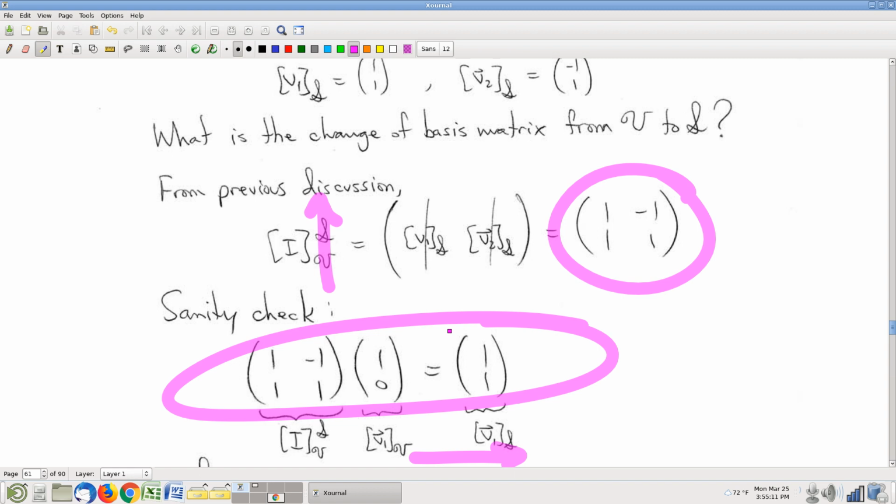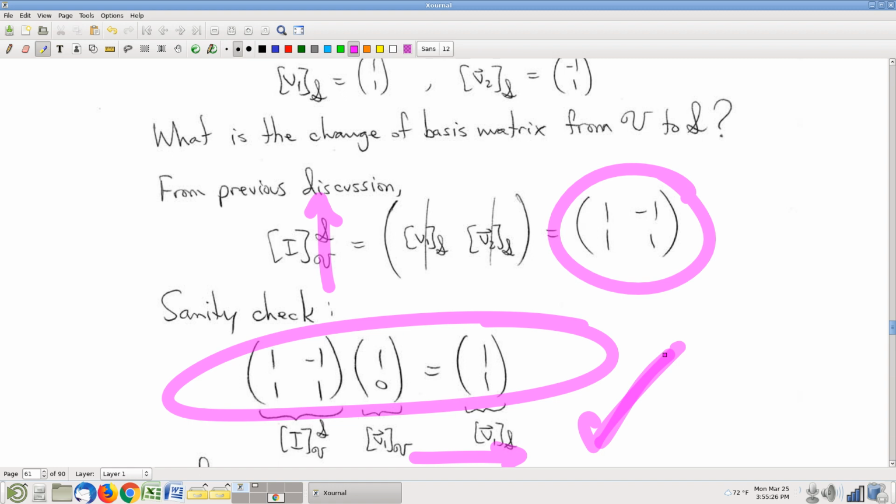This is the arithmetic that we need to check. It's easy to check and see that it works. And so as expected, as planned, this matrix has translated V coordinates to S coordinates.